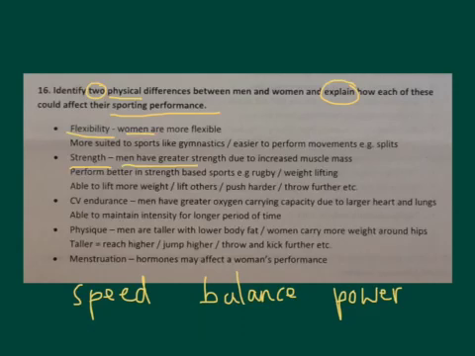So it might talk about a specific sport that they're going to be more suited to, and why that is, because they can perform the movements in that sport easier. A good example here, for strength, perform better in strength-based sports, and then it gives examples of rugby, weightlifting. So a bit more detail, able to lift more weight, or lift others, or push harder, or throw further. That's the kind of thing we're looking for to pick up the 4 marks in this question.